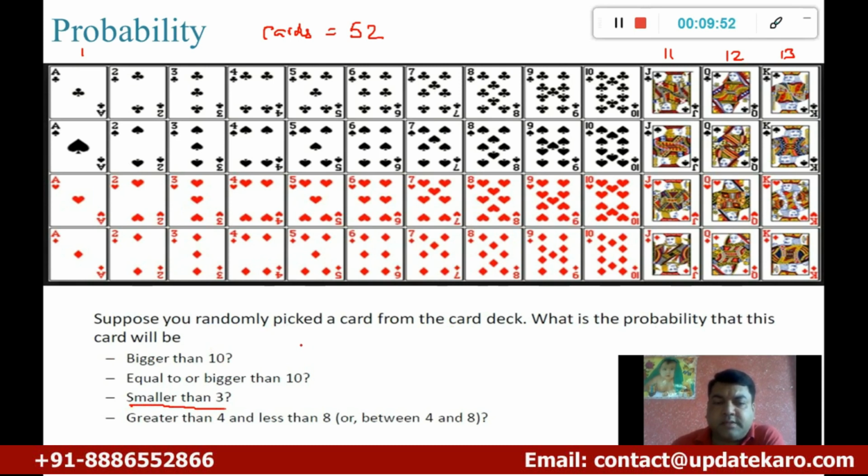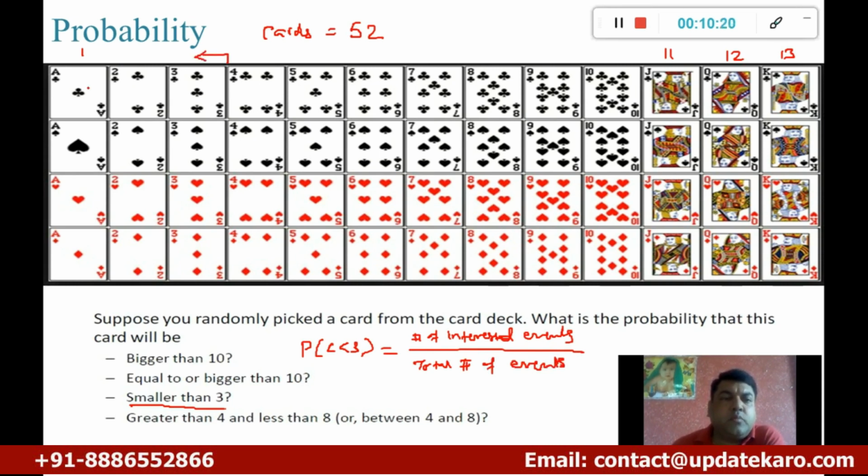So now I am interested in the probability of card less than 3, which is equal to the number of interested events divided by the total number of events. So now we are interested in this area, this portion. How many cards are there which are smaller than 3?